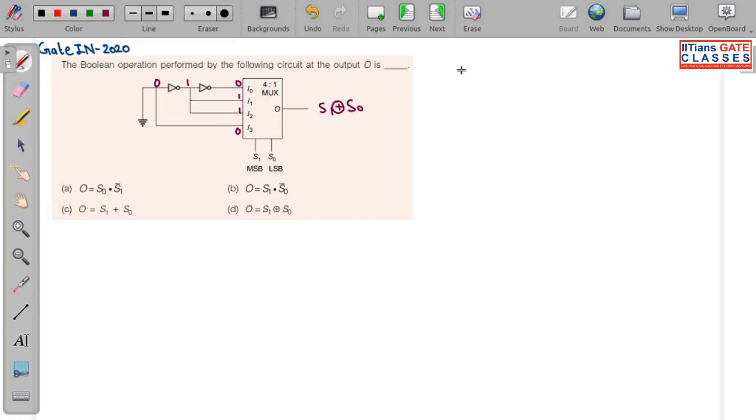Suppose for the same question, I0, I1, I2, I3, if the input combination was like this: 0, 1, 1, 1. We know this output we get for which logic gate?